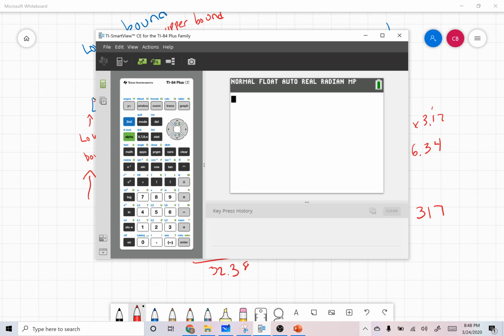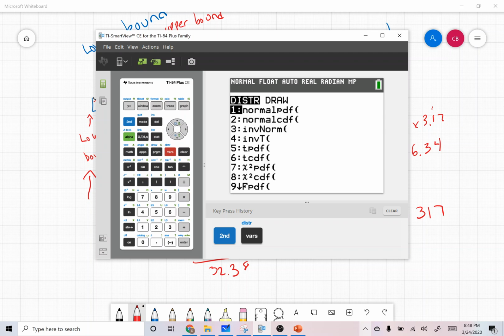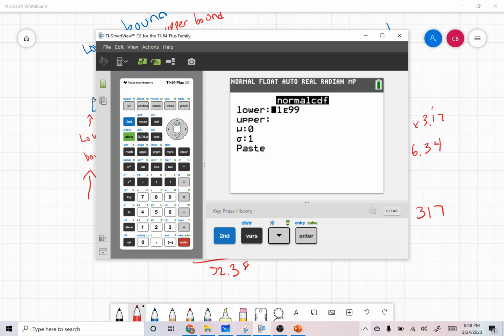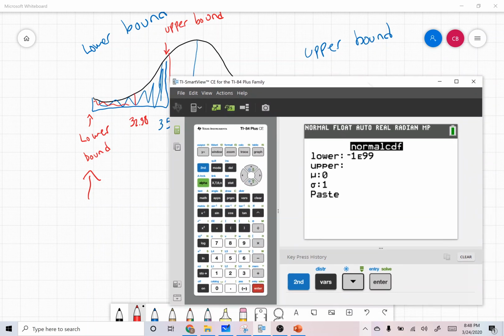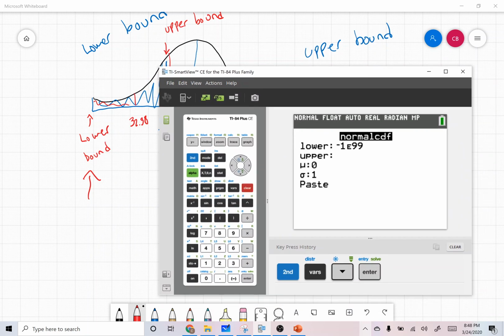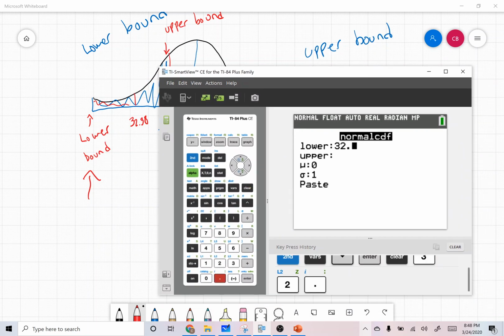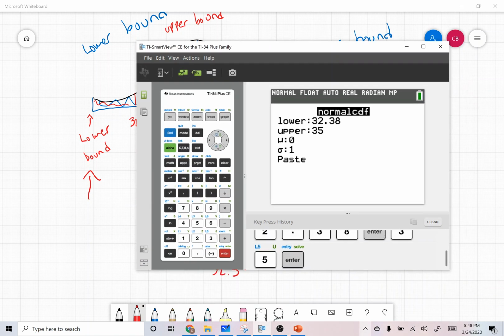So if we're going to use the distribution, we go 2nd, VARS. This is normal CDF. We typically will not use PDF. And it asks for the lower bound. So let's look at the lower bound when I do 32.38. We want the upper to still be 35. The mean, we want that to be 38.72. And the standard deviation is 3.17.